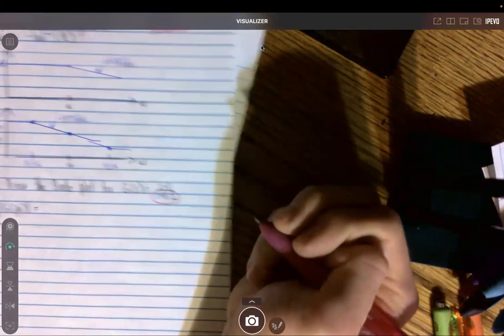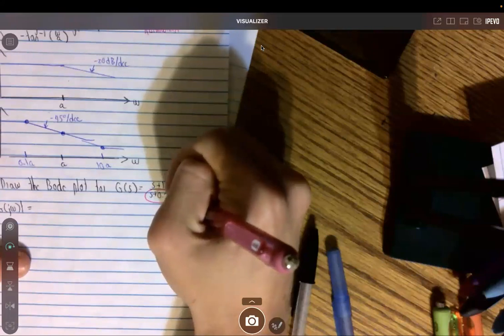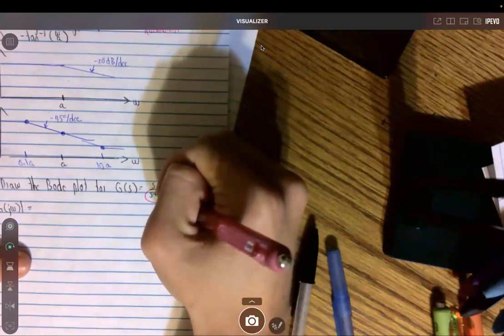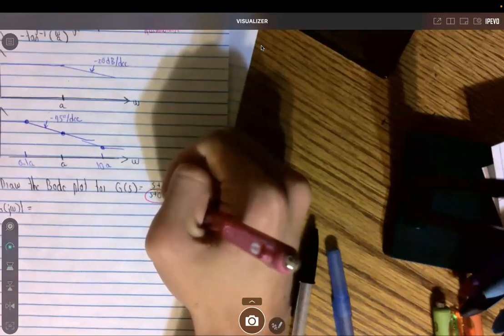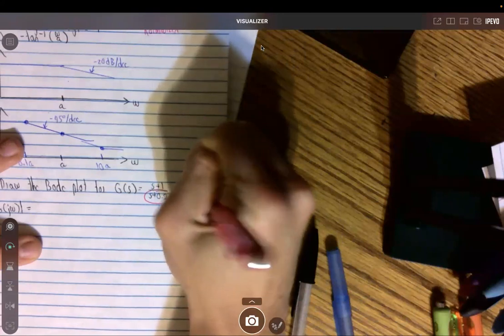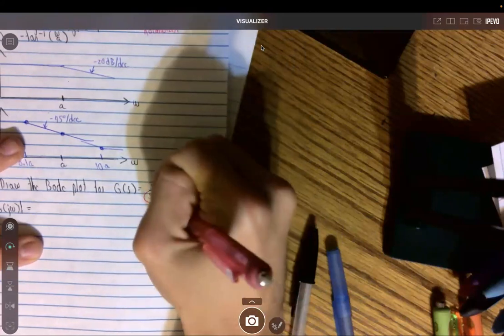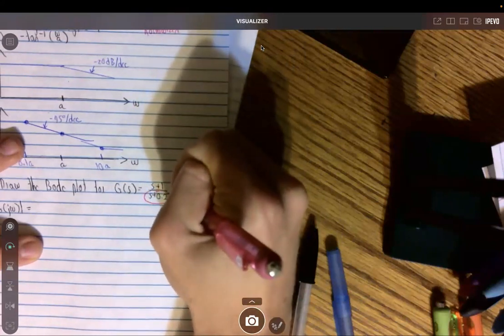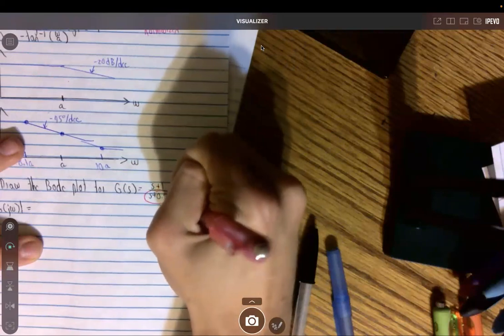Notice our numerator is normalized to S plus 1 for a first order system, but the denominator isn't. So we'll divide everything by 0.2. So in our numerator, it's going to be 1 divided by 0.2 times S plus 1, all over, and then dividing the denominator by 0.2, you're going to get S over 5 plus 1.